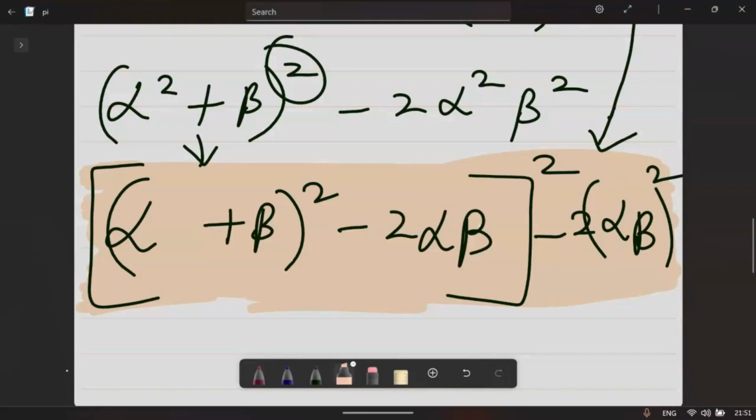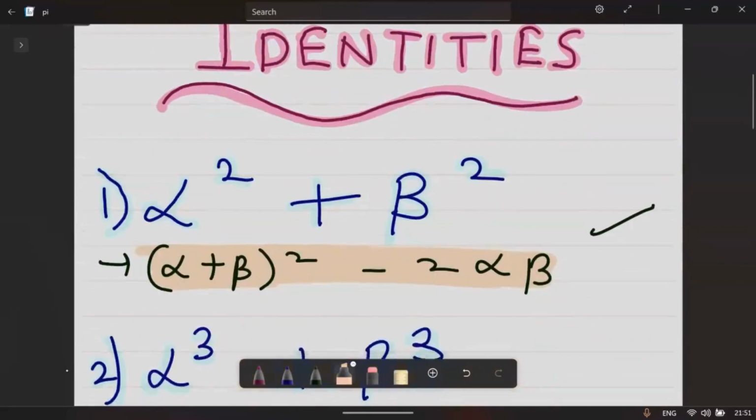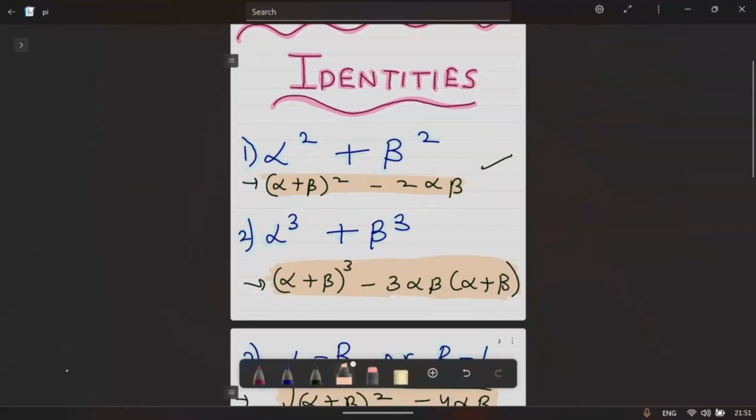Now, when we are done with these 4 identities, let us revise them, because revision is the key to success. The first identity, alpha square plus beta square, is alpha plus beta whole square minus 2 alpha beta.